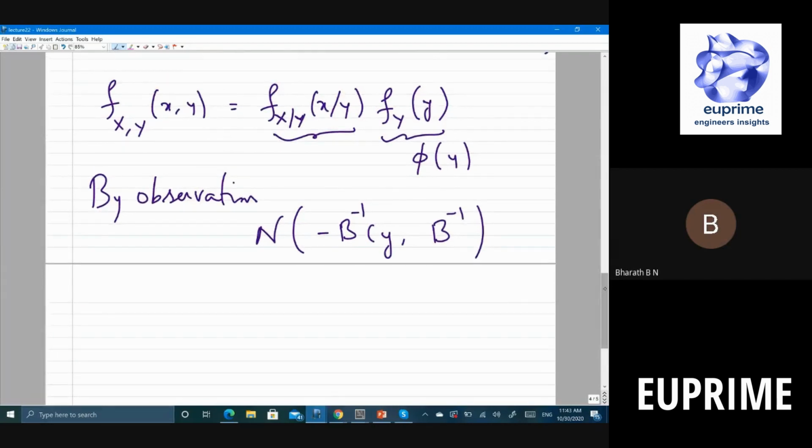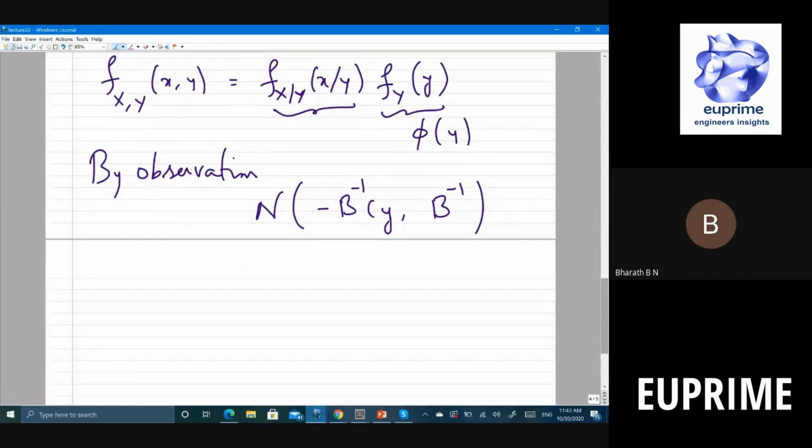So what can you say from this? Essentially, conditioned on y, x is Gaussian with mean B inverse Cy and covariance B inverse, right? So that means I can write x as, conditioned on y equal to this y, one part is fixed.